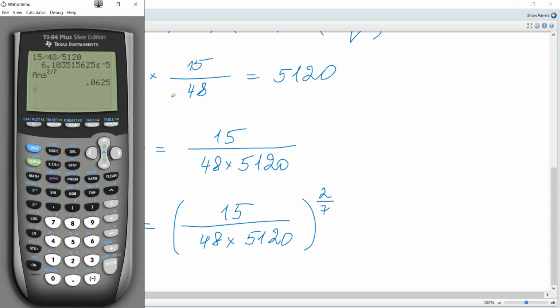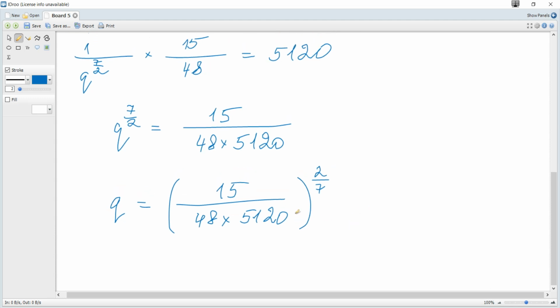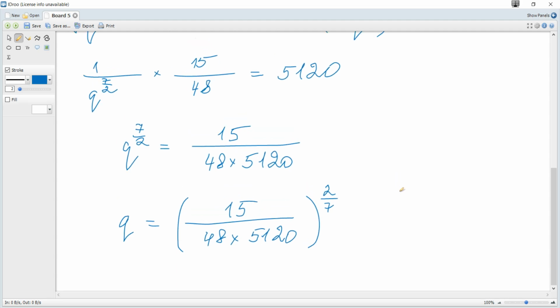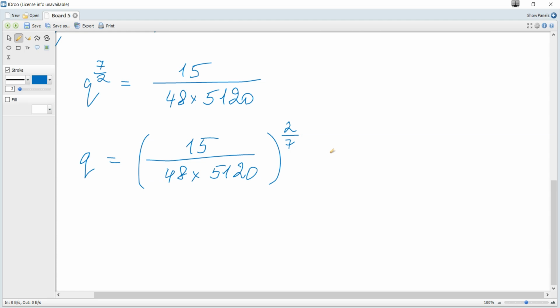And you can see that it's a finite decimal, hence it's rational as required. If you get an infinite decimal that's not rational, it means that there is a mistake. Definitely there is a mistake.